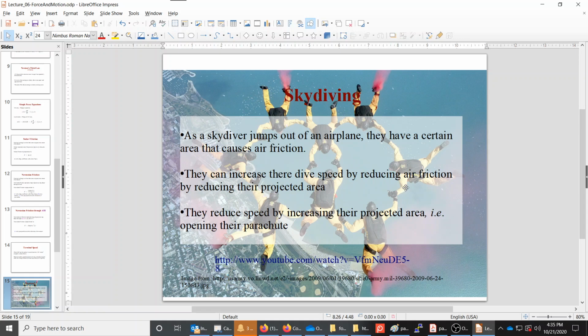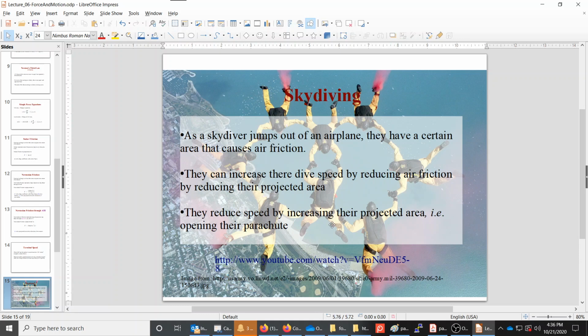But if you spread out your body with your legs and arms spread out, as these divers are, you're going to go much slower because you have a much larger cross-sectional area. And so you can control your speed by how you angle your body.